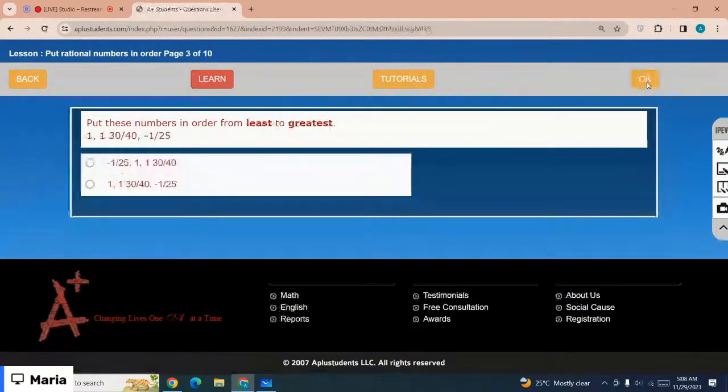Okay, the next one is put these numbers in order from least to greatest. So which is the correct option? The numbers are 1, 1 whole 30 over 40, and negative 1 over 25.